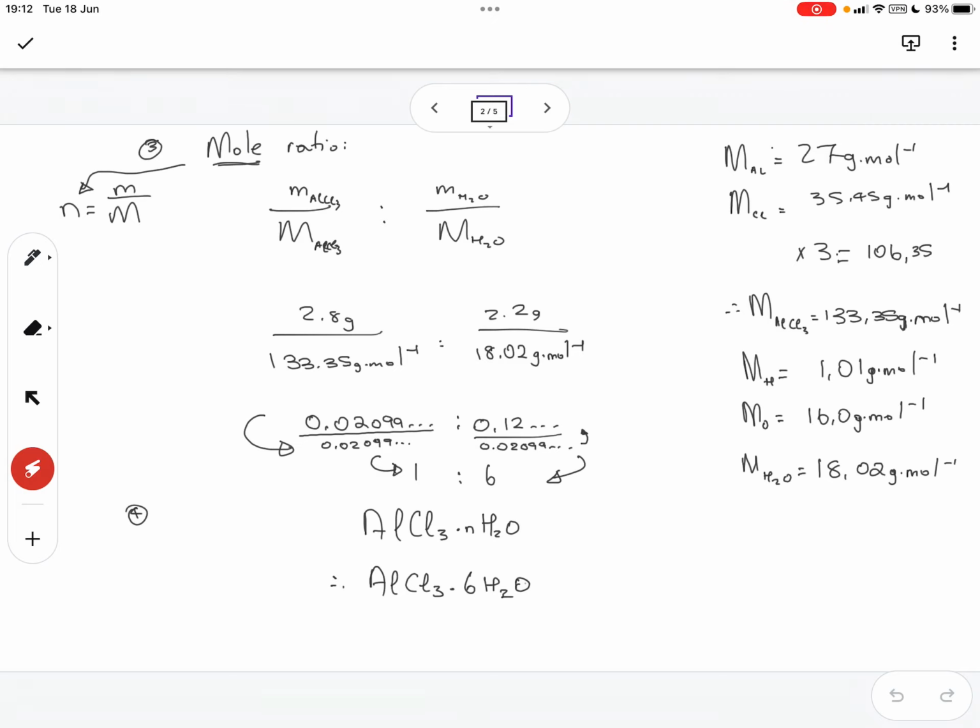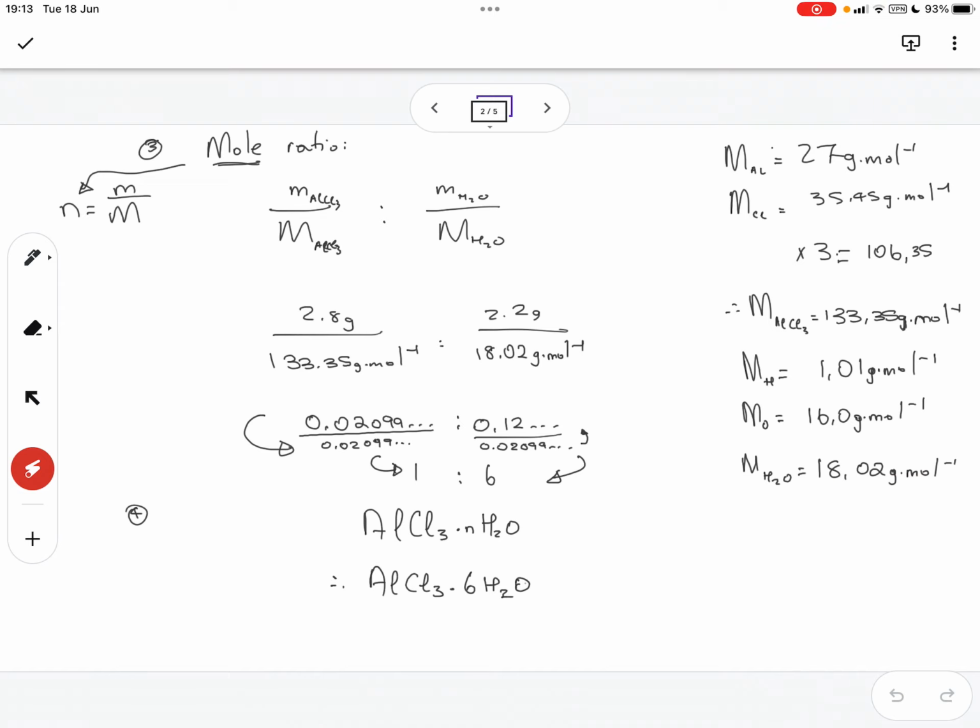Then the second thing we do is to find the molar mass of the water molecule. So we know that the water in the crystal is 2.2 grams, but its molar mass is simply the molar mass of hydrogen times 2 because there are 2 hydrogen atoms in one molecule. And then we take the molar mass of oxygen, we add the 2, then we do a bit of math.